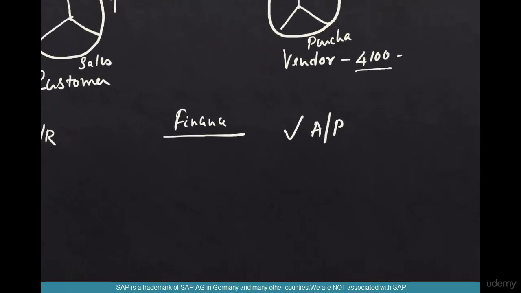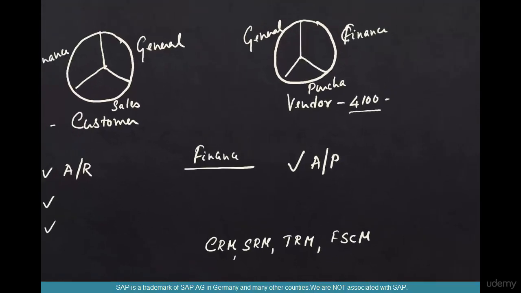So new dimensional modules like CRM, SRM, or treasury management, or financial supply chain management, these modules need a more integrated view of all the business partners.